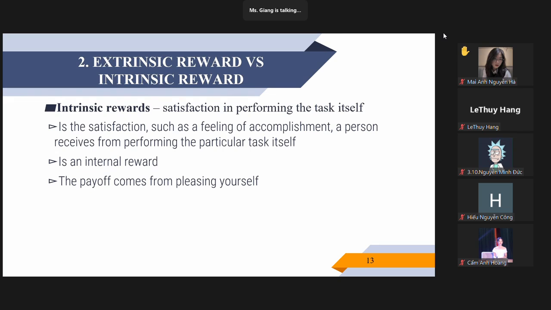So you don't receive the intrinsic reward from other people, you receive it from yourself. In short, extrinsic rewards are the rewards that you receive from other people, and intrinsic rewards are the rewards that you receive from yourself. Okay, very easy to understand, right?